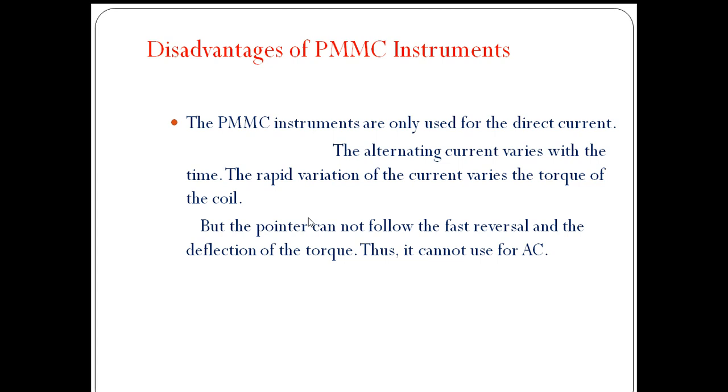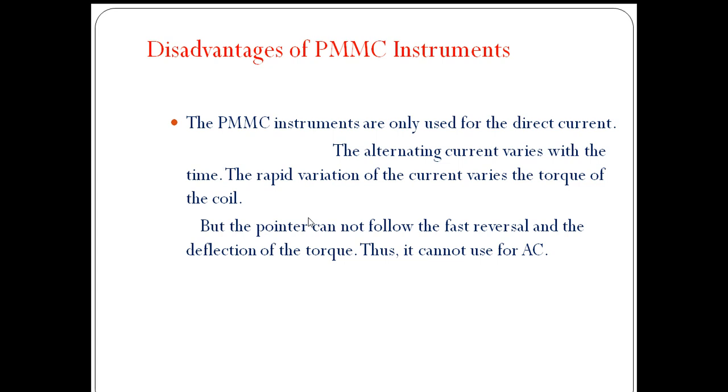The rapid variation of the current varies the torque of the coil, but the pointer cannot follow the fast reversal of the deflection torque, and thus it cannot be used for AC.